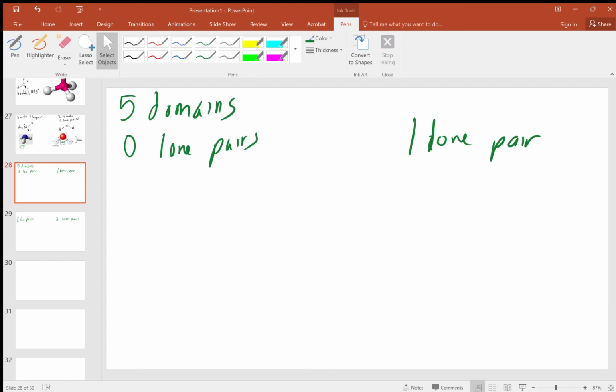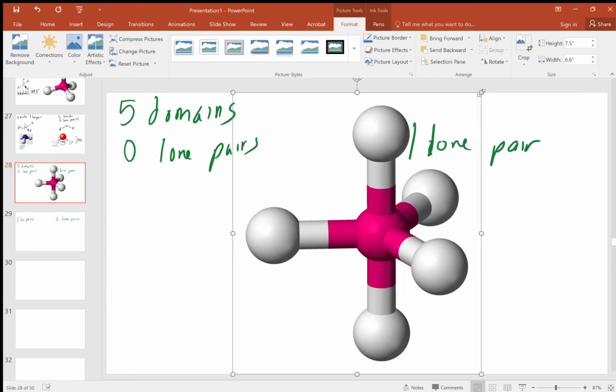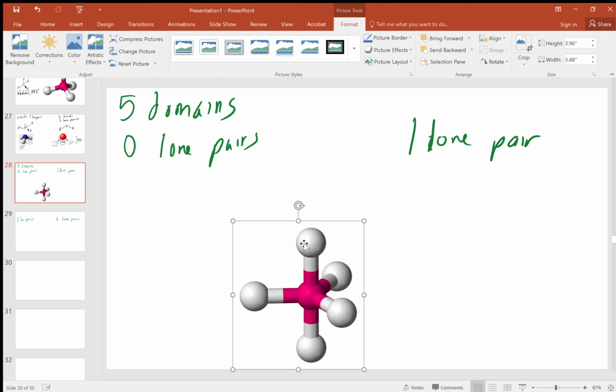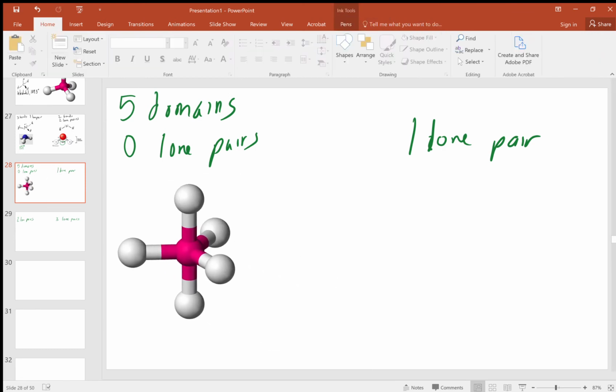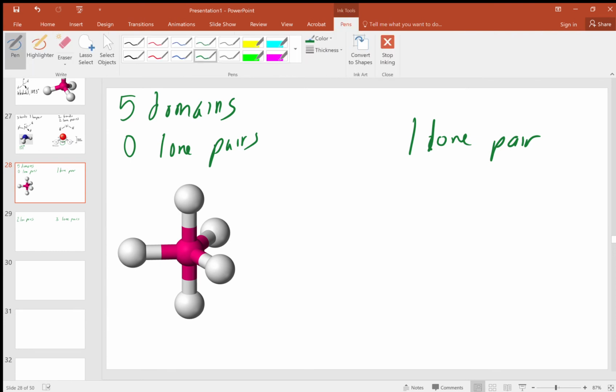For no lone pairs, we've already seen its geometry because, again, remember that when the number of lone pairs is 0, the parent geometry and the molecular geometry are the same. So as an example here, we might have PF5.